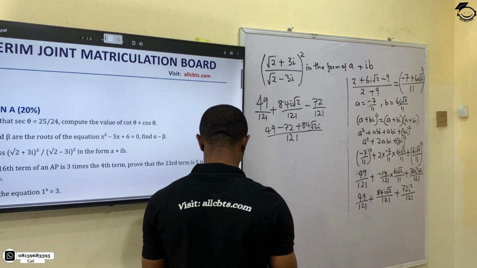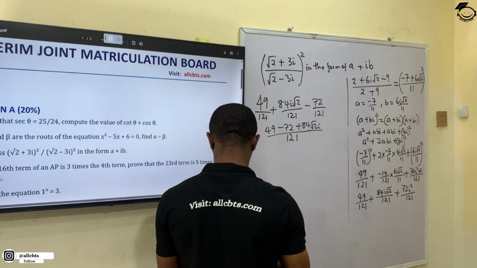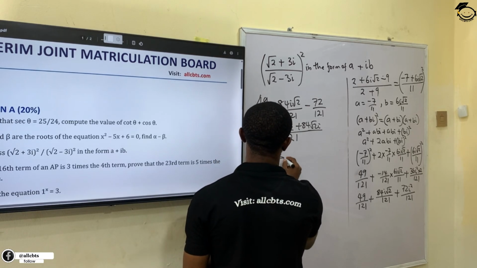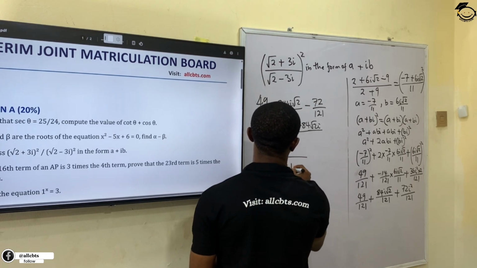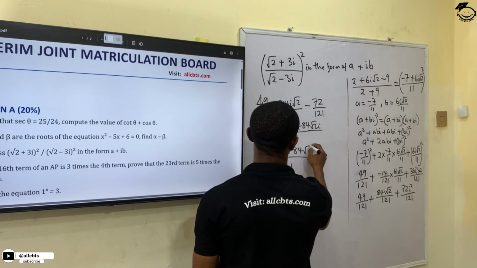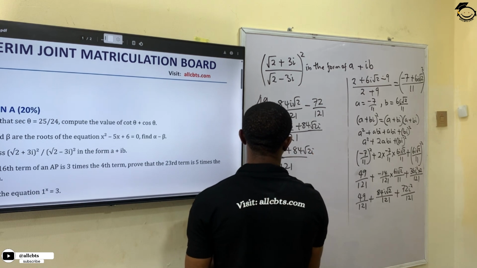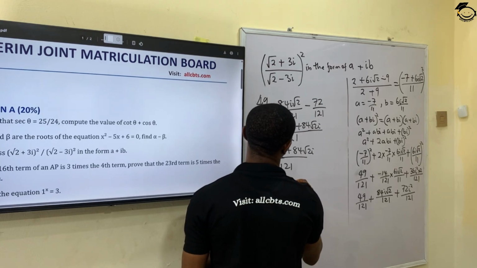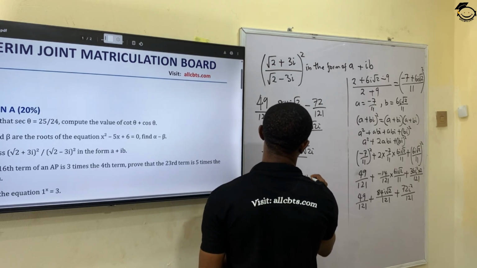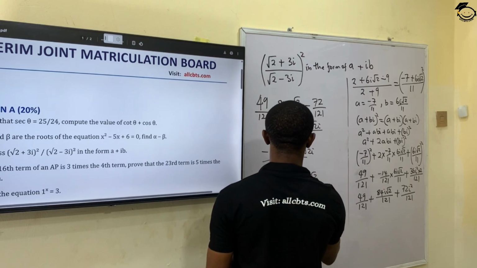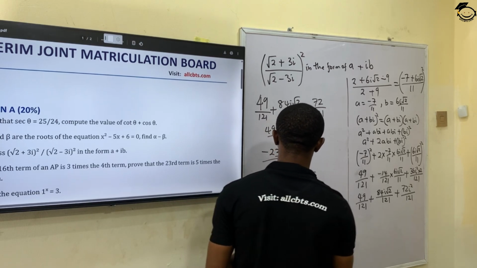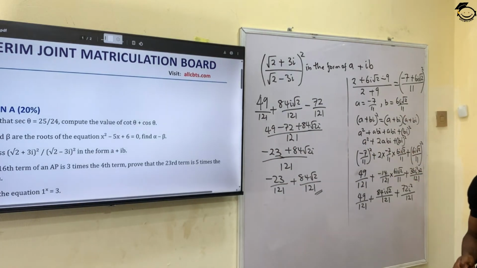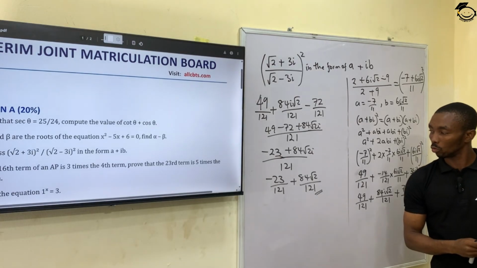So 49 minus 72 would give us minus 23 over 121 plus 84 root 2i over 121. So our A will be minus 23 over 121 and our B will be 84 root 2 over 121.